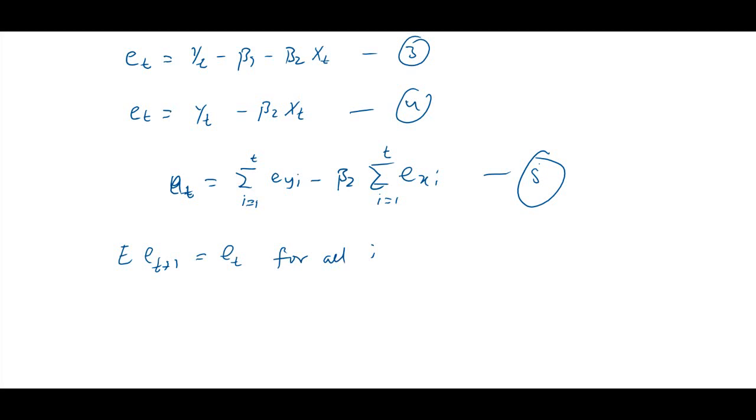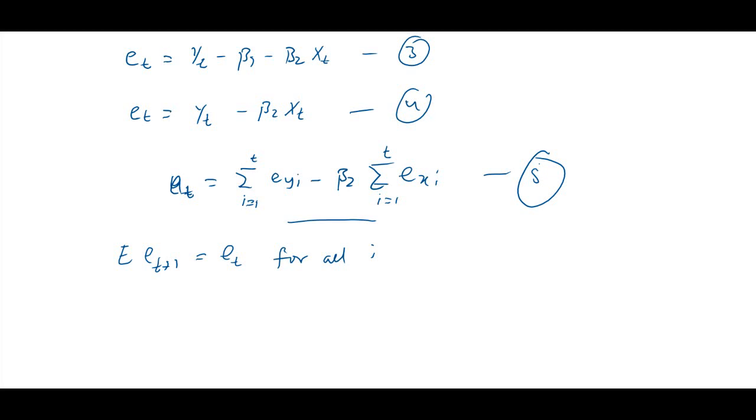Hence the assumption of the classical linear regression model is violated here. Therefore, the t statistics or F statistics or the value of R square, they all are unreliable.